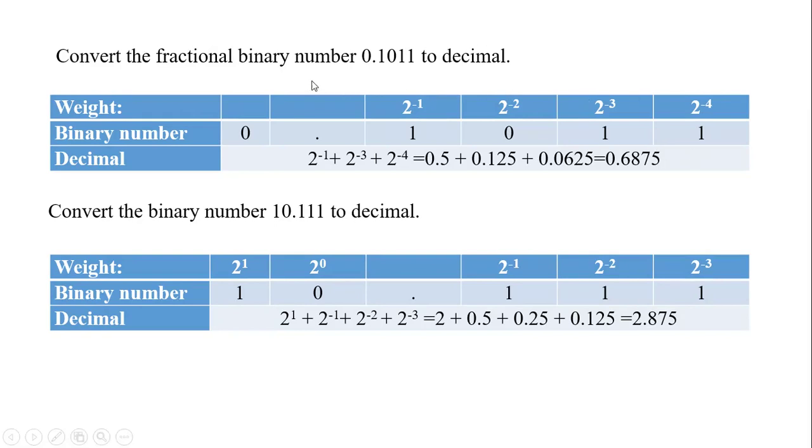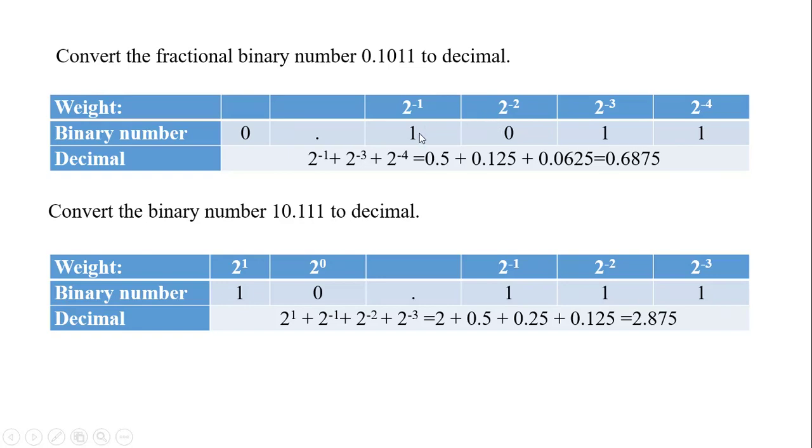Binary fraction to decimal. To convert the fractional binary number to decimal, again multiply each digit with its weight and add. There is no need for multiplying the 0 bit, so add weights where there are 1s. When we multiply 1 with a weight, the product is the weight. So add weights only.